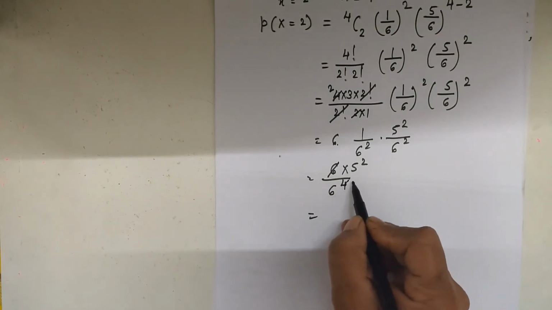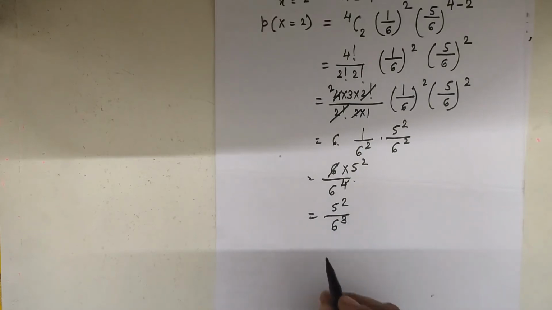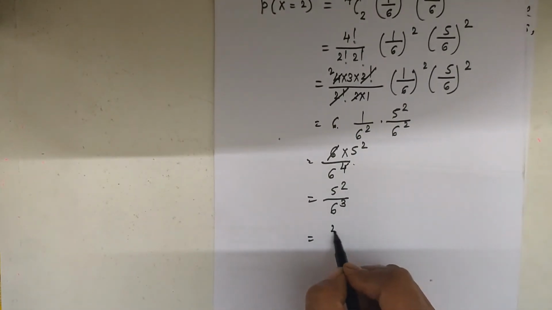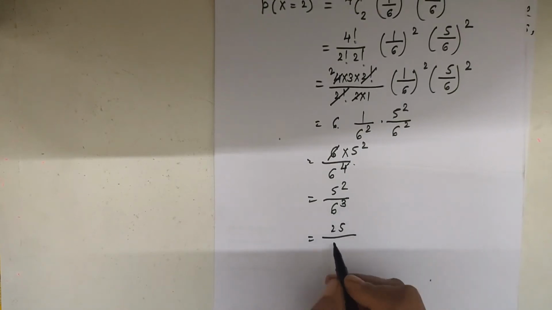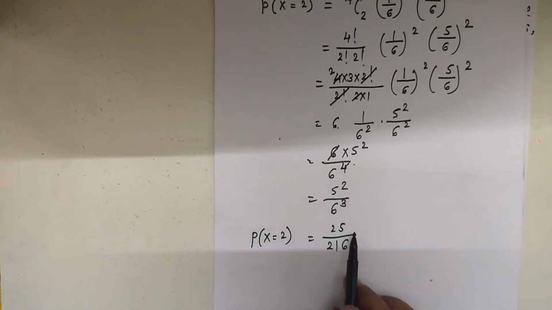So we get 5 square upon 6 cube, and the value of 5 square is 25 and 6 cube is 216. So the probability for 2 successes, x equal to 2, is 25 by 216.